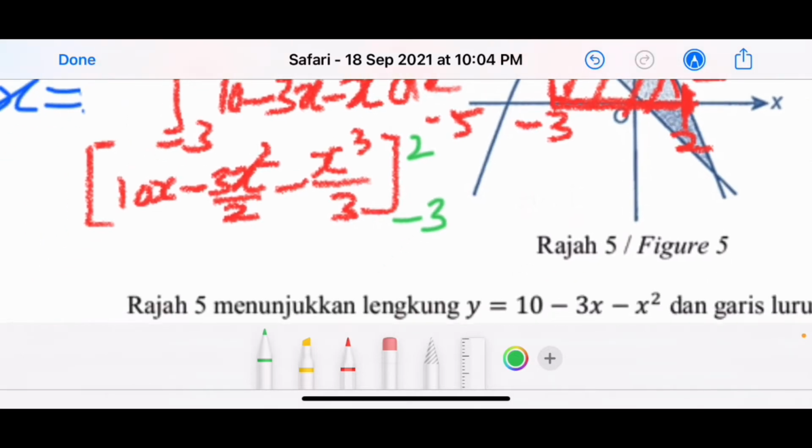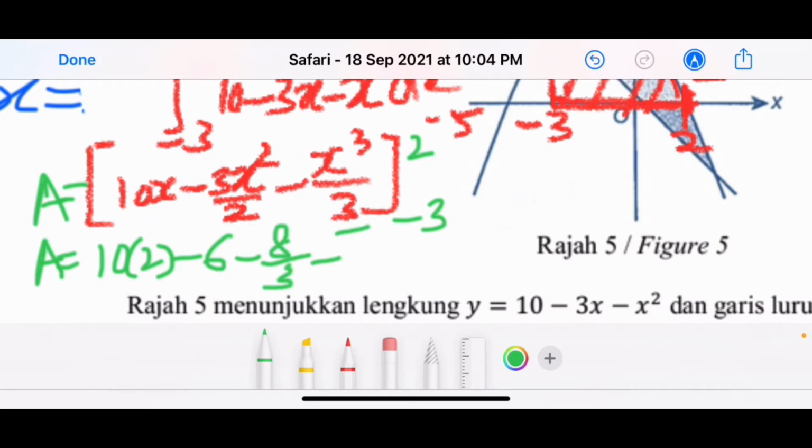So the area for the curve is equal to 10 times 2, minus 3 times 4, which is 12, divided by 2, is 6. This one is 8 over 3, then minus the bracket, don't forget. We must be very careful. This is negative 30.